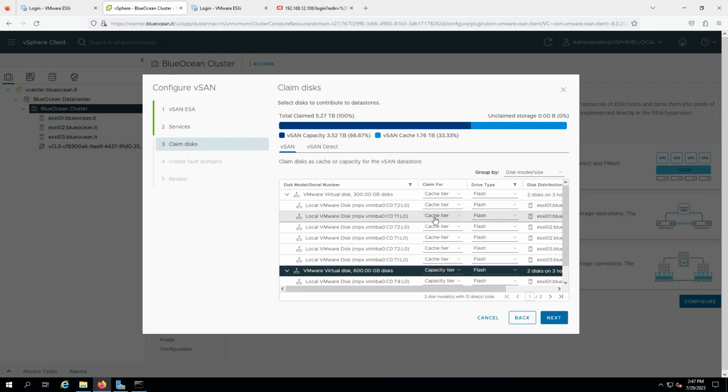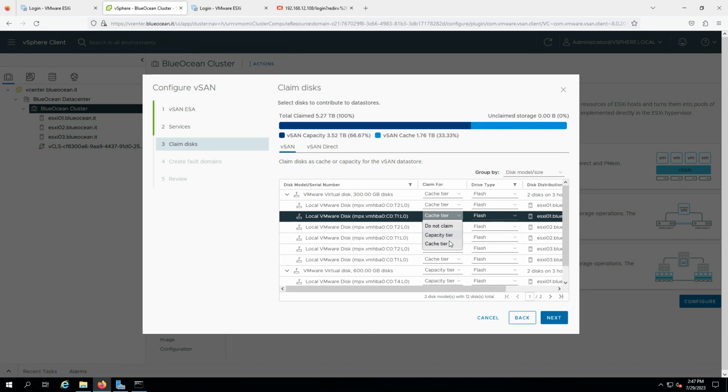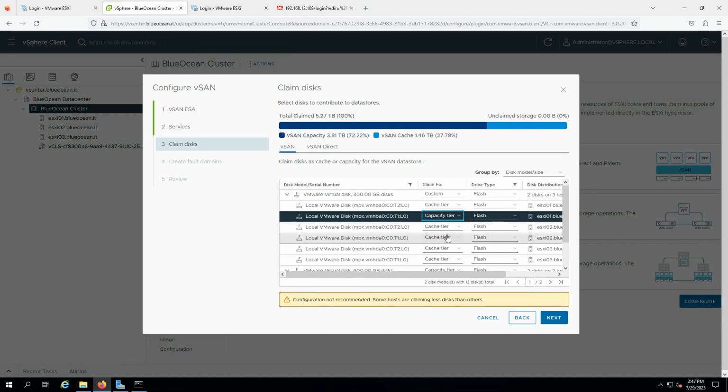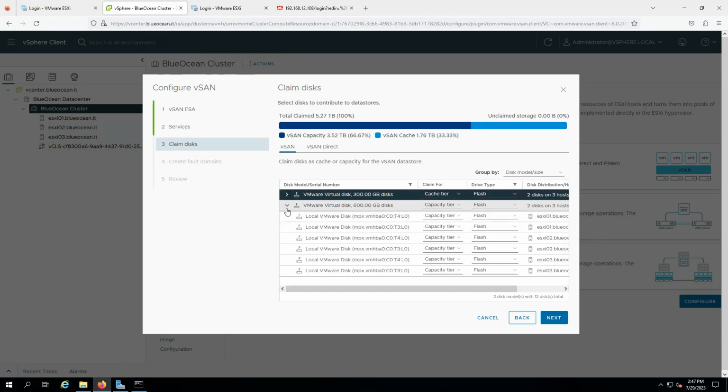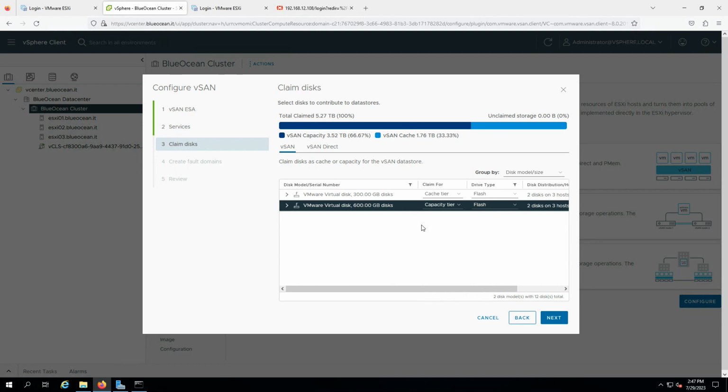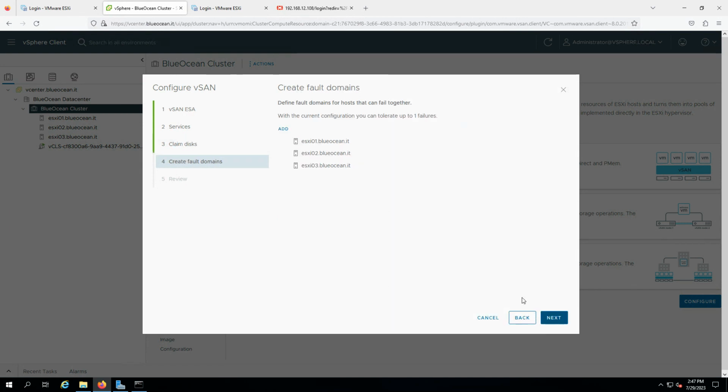But if you don't like it, if you want to use the second 300 gig on ESXi one for capacity, you can go here and you claim it as a capacity disk. Okay, you can do it. It is not recommended, but you can do it. Okay. But that is our goal. So we will use the 300 gig for the cache tier and the 600 gig for the capacity. So we are fine with this. I'm happy with this recommendation, and I'll go to next.